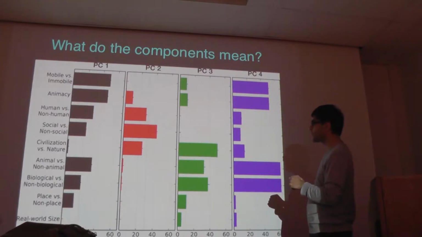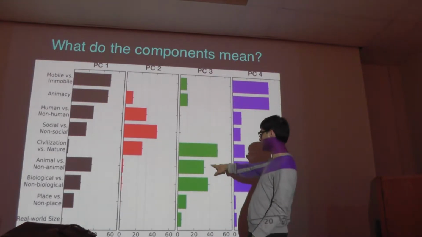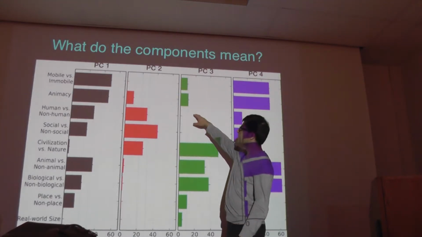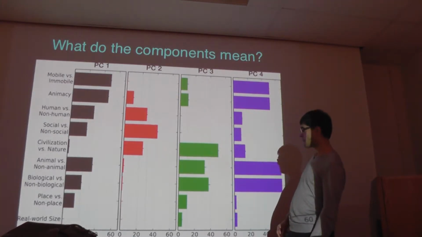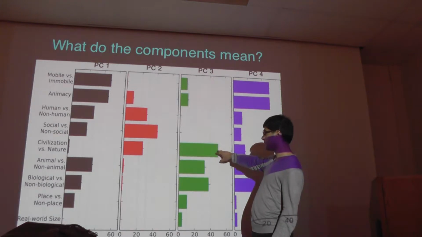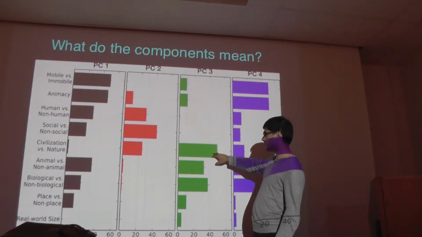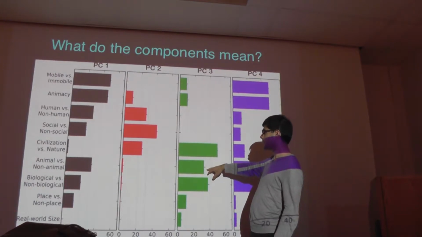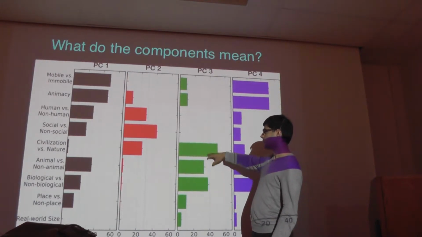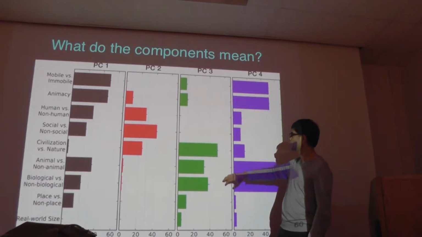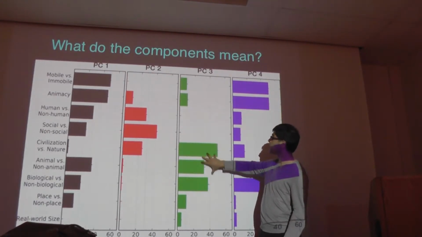Okay, what's this one doing, PC3? Let's see, it's got some stuff of mobile versus immobile and animacy. It's got a lot of stuff of man-made, civilization versus nature, which I guess means man-made versus natural, animal versus non-animal. So this maybe is sort of like, was this made by human beings or not?